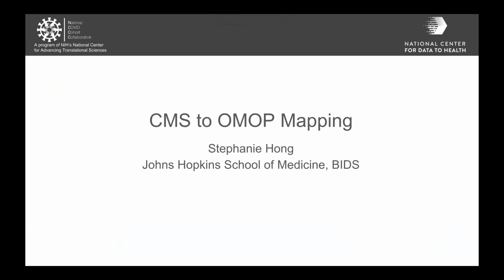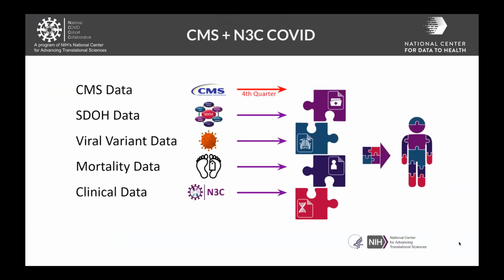Today I'll be talking about CMS harmonization to OMOP. We have a number of other PPRL linked data sets within N3C, and CMS data is the most recent one. N3C clinical data is coming on board as well.